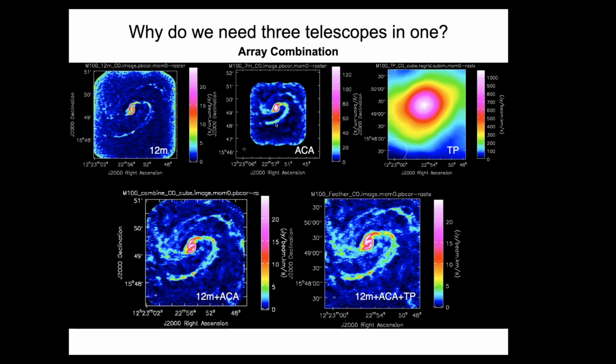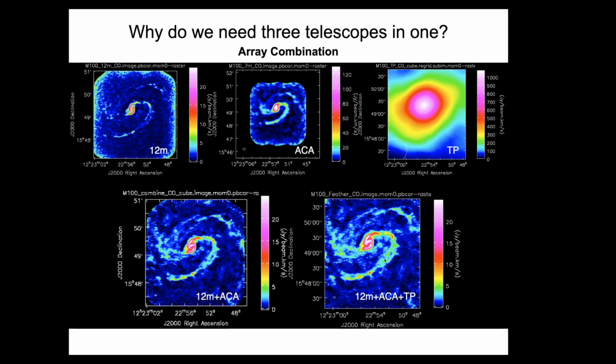but sometimes it is not enough, and we would need single dish observations in order to recover all the emission from all the different spatial scales on the sky. So here we see that if one combines the 12-meter data with the ACA data, one recovers already more than just with the 12-meter. But if one adds the total power, then one recovers even more.